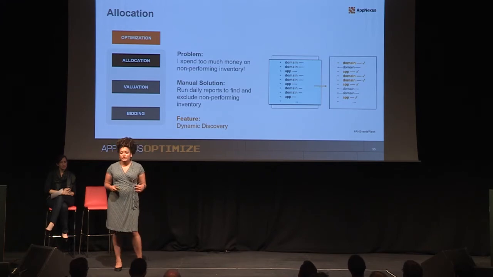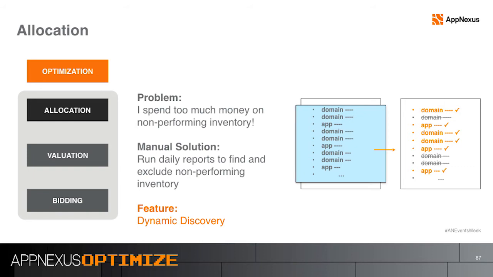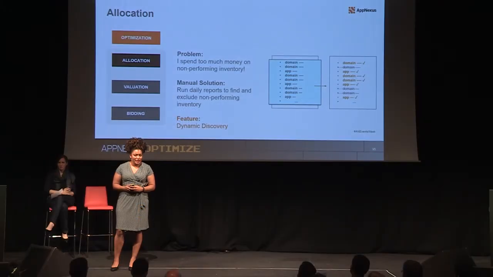Now, once you've figured out what inventory to buy, either via Ranked Discovery or via your own narrow targeting, you're inevitably going to run into a problem. Some of your inventory is not going to perform. Who in here has spent money on non-performing inventory? Who in here is lying?